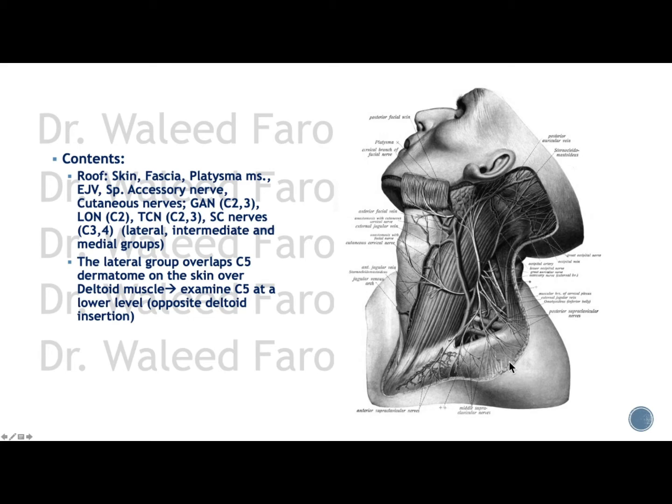He sensed the needle with his C4, not C5. C5 may be damaged. So you should go to lower levels, actually at the point of insertion of the deltoid muscle, and you examine there for C5, you're safe. This is important clinical information about the lateral group of the supraclavicular nerves.